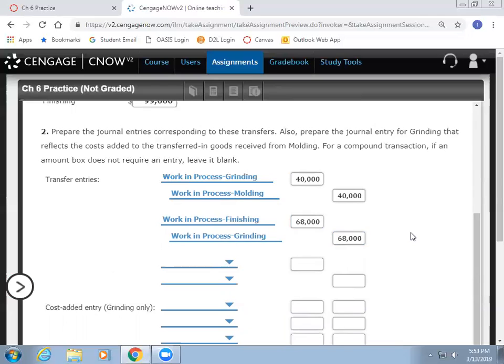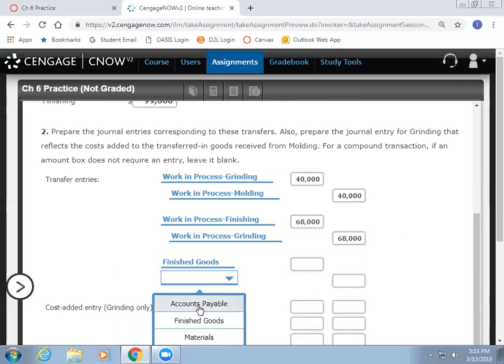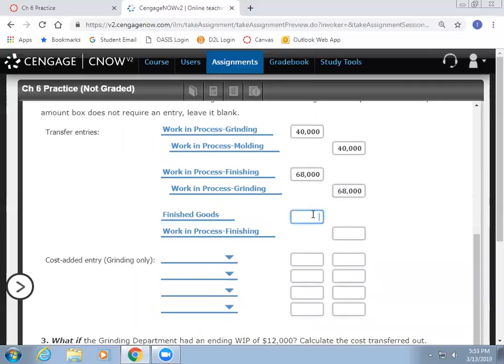Well, finishing is our last work in process. So once items are truly finished, what account would they be transferred to? Finished goods, very good. So that flow stays the same. So then we would debit finished goods and credit work in process finishing for the total cost, the 99,000.